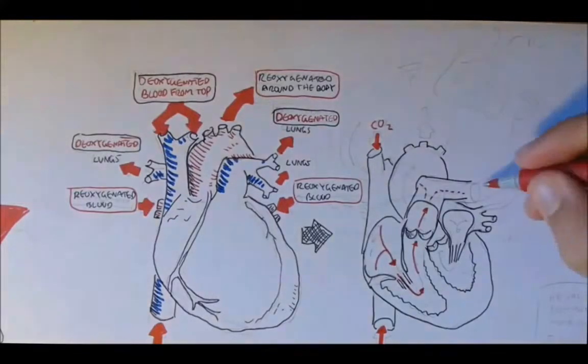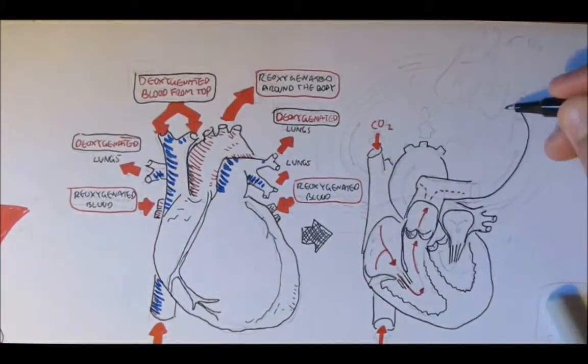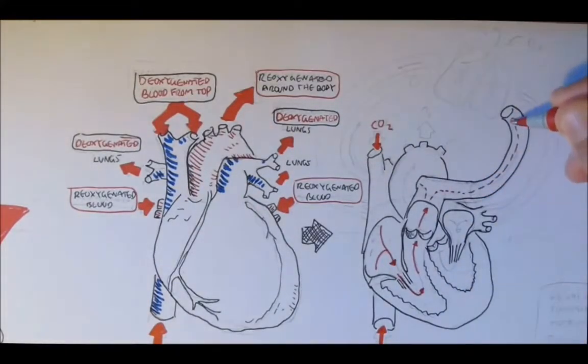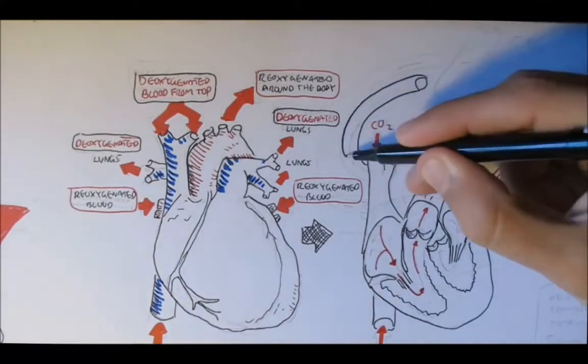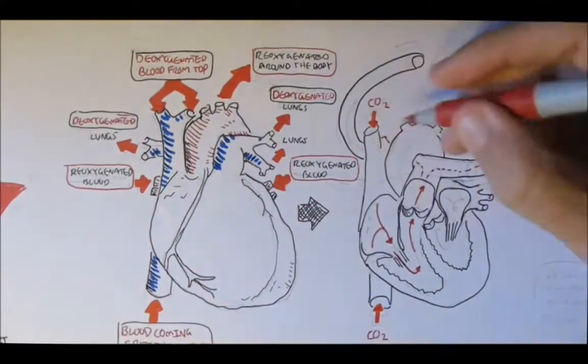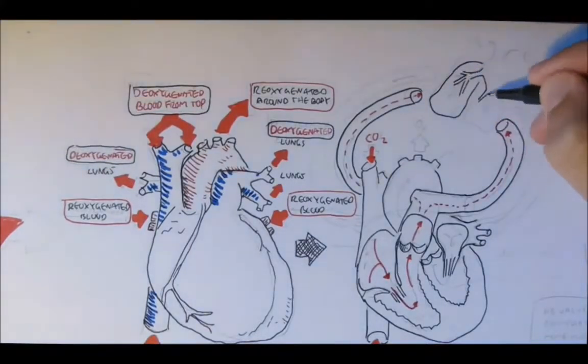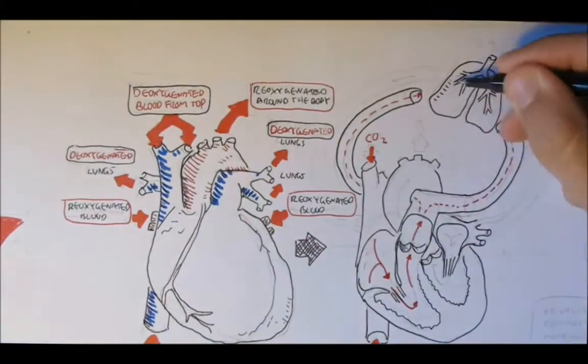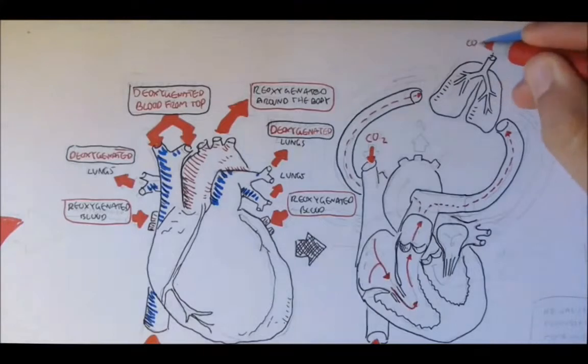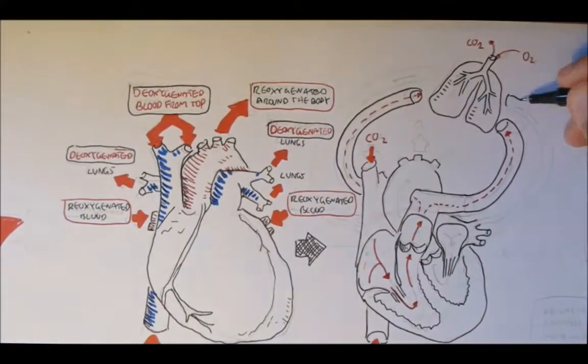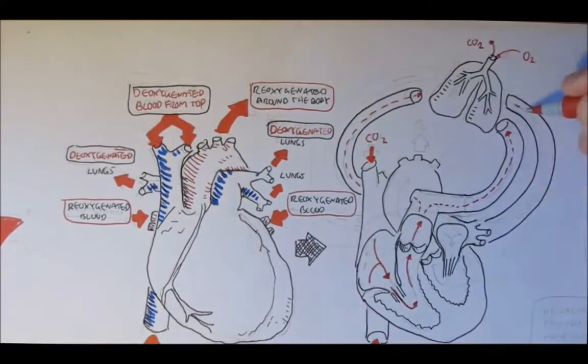So it will go to the lungs. This deoxygenated blood, still full of CO2, will go towards the lungs, and in the lungs we will typically inhale oxygen and exhale CO2. So we will exhale CO2 and we will inhale oxygen to replenish the low oxygen supply in our blood.